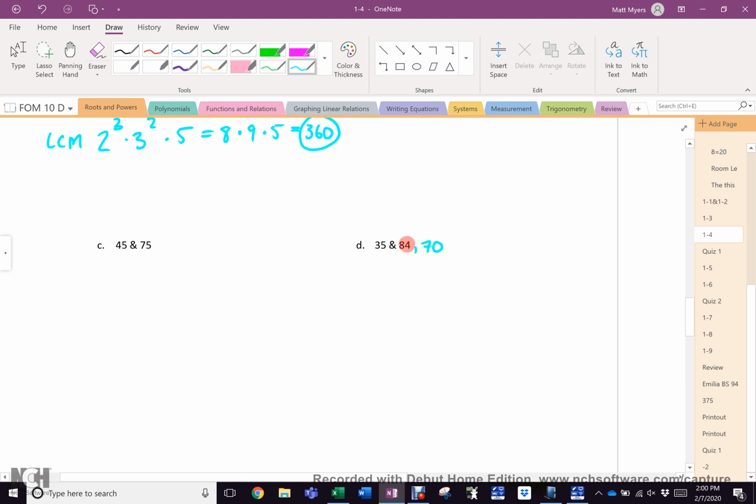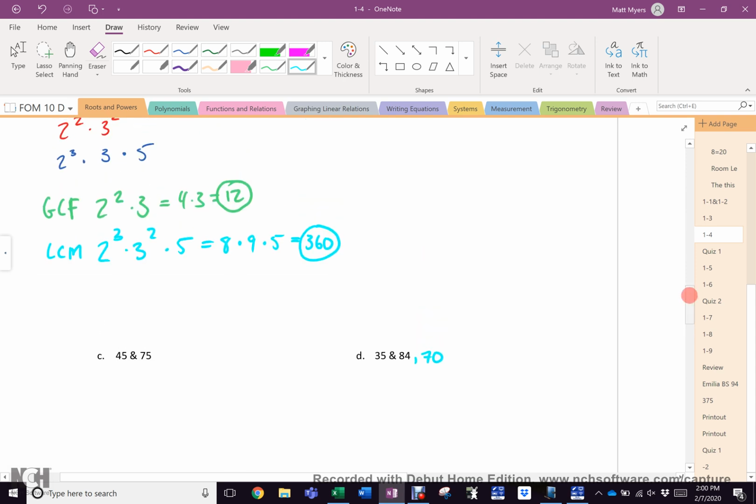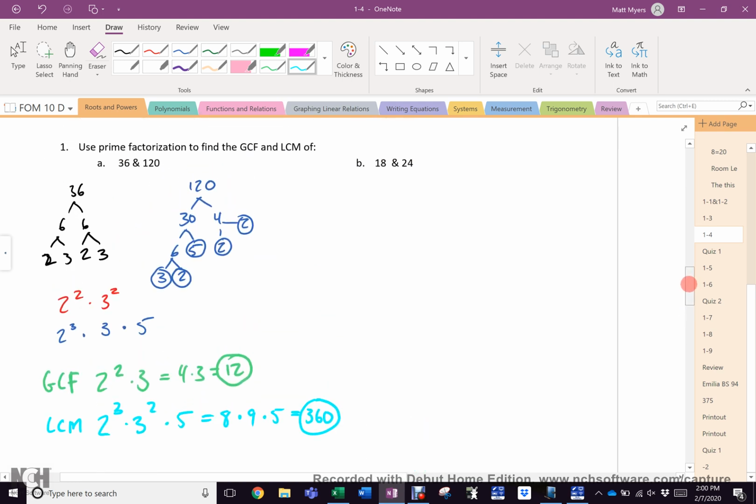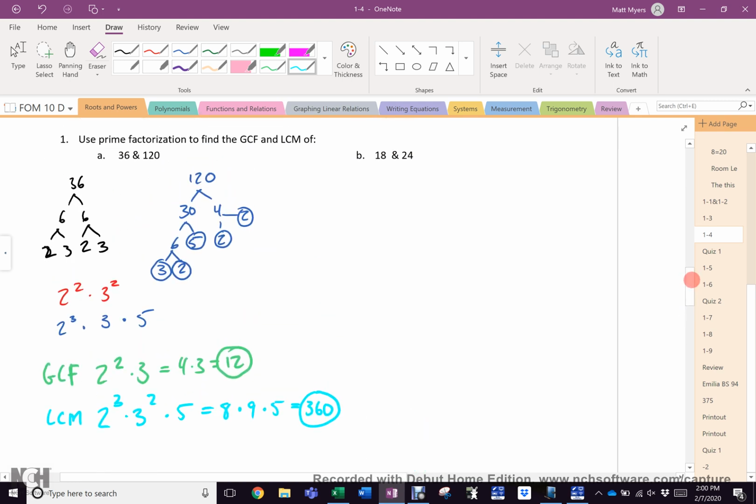So now there's going to be 3 factor trees there. If you're comfortable, do everything. If you're still a little unsure, just make the factor trees for B, C, and D. Okay? Everybody good? Go.